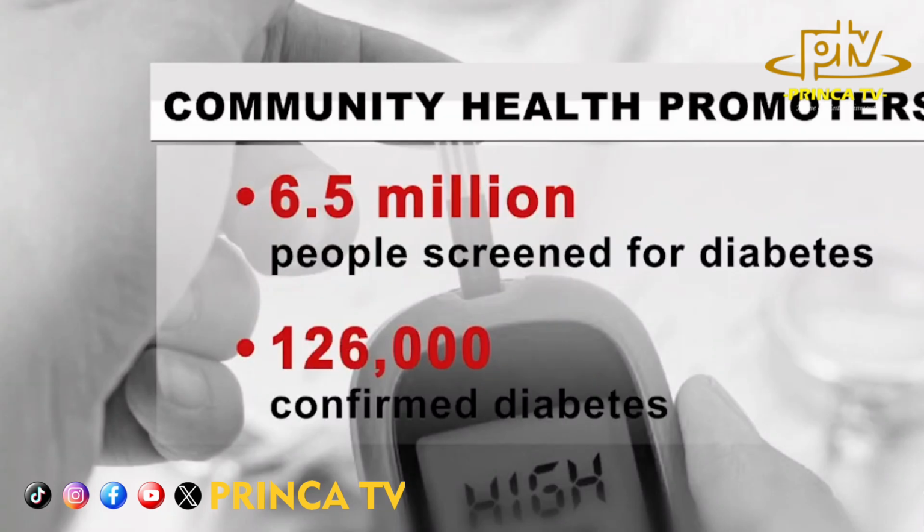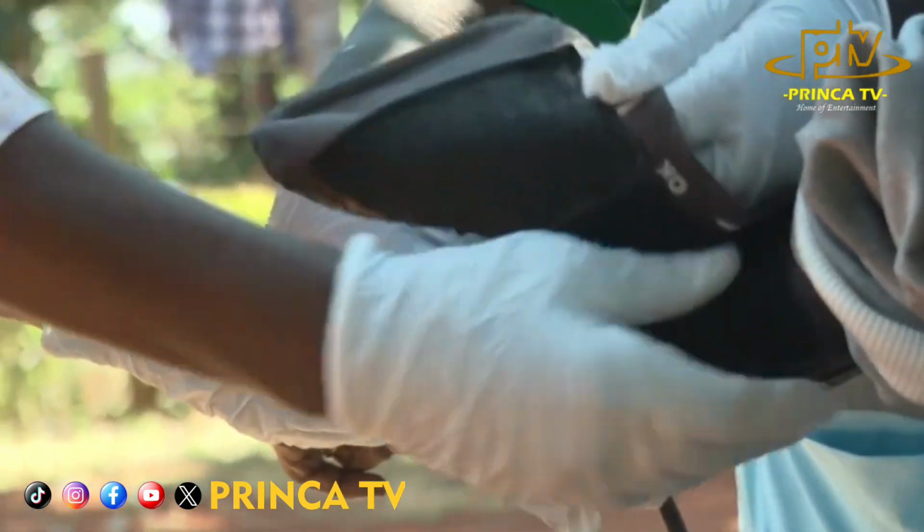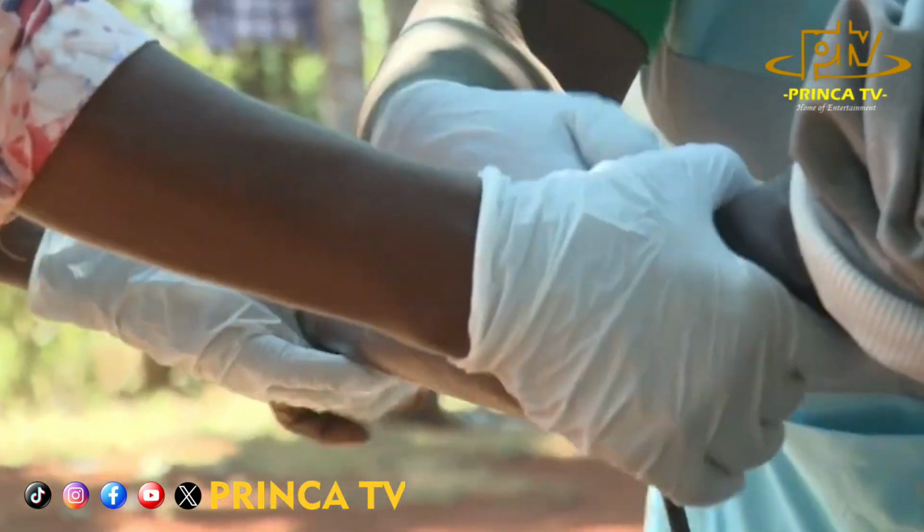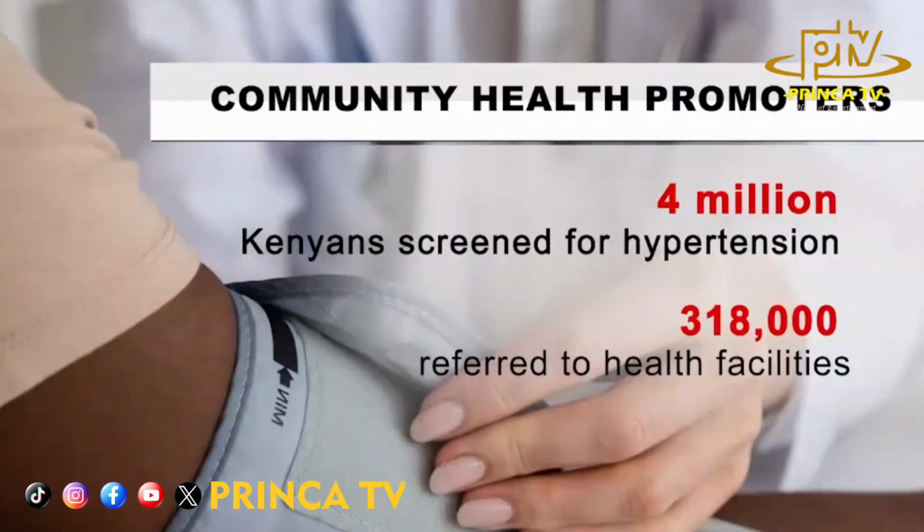That means 126,000 Kenyans who are living without knowing that they have diabetes or they have signs of diabetes. 4 million Kenyans have been screened for hypertension. And out of that, 318,000 have been referred to a health facility for further screening.